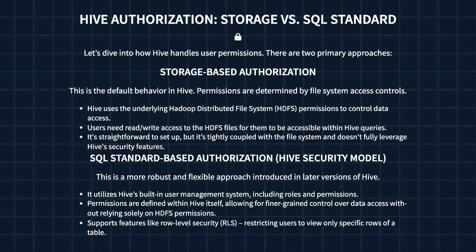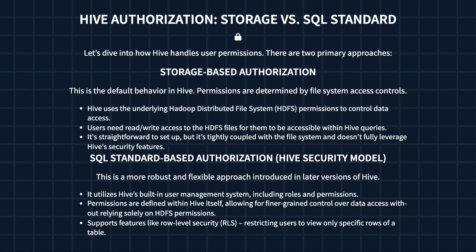Okay, let's talk about how Hive controls who can see and modify your data. There are two main ways it does this. The first is storage-based authorization. Basically, Hive looks at the permissions on the files in HDFS, just like you would with any other file system. So, if a user doesn't have permission to read a particular file, they can't see the data inside that file in a Hive query.